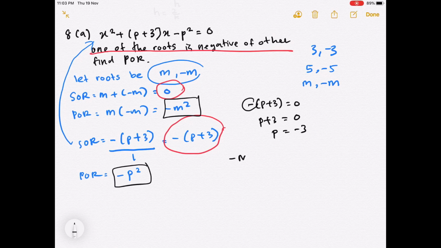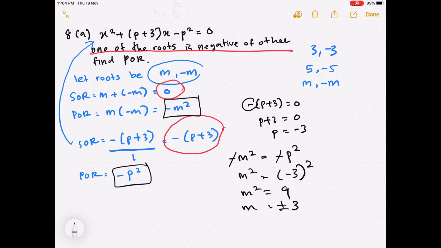So negative M squared equals to negative P squared. So you eliminate the negative. So you have M squared equal to P squared. Your P is negative 3. So negative 3 squared is 9. So your M is plus minus 3, square root of 9. Okay.